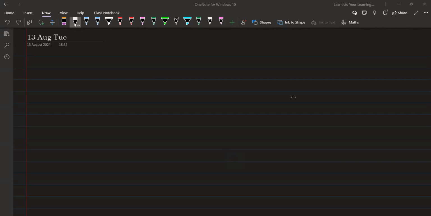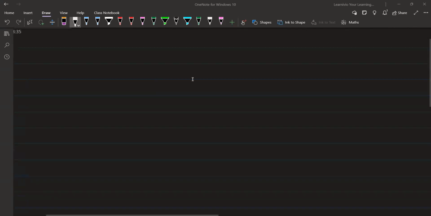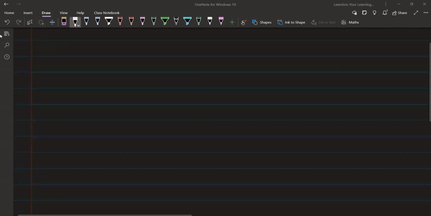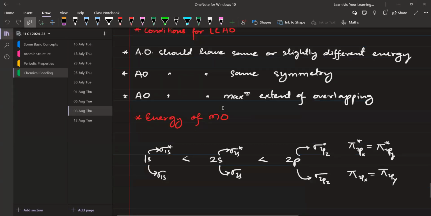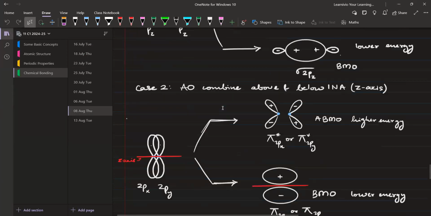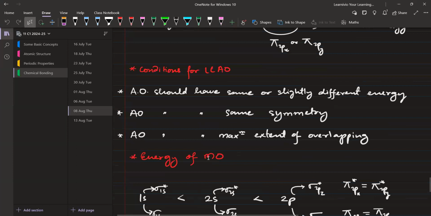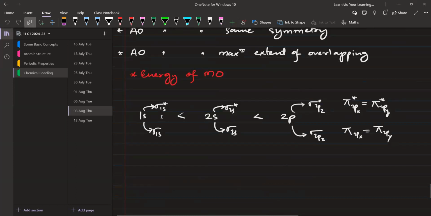Right. So in the last lecture we have seen that molecular orbitals are formed by the linear combination of atomic orbitals, and the formation of molecular orbitals, the different types of molecular orbitals. Now the filling of electrons in the molecular orbital is also going to be done according to the Aufbau principle. So for that we would need the energy of molecular orbital.